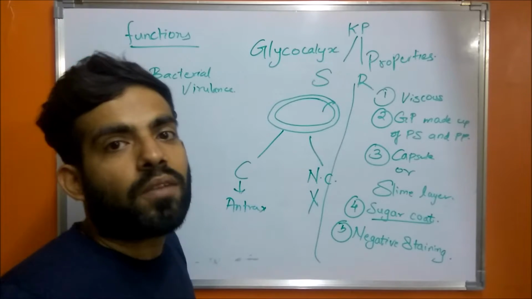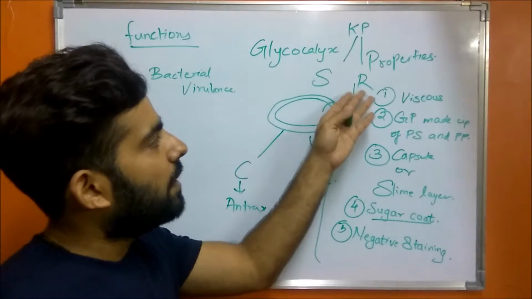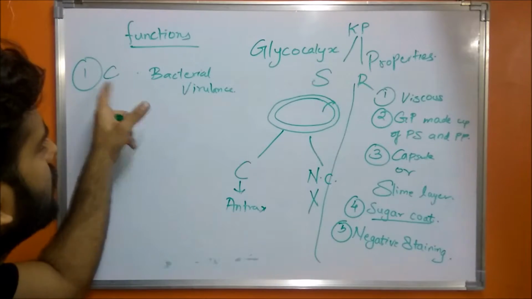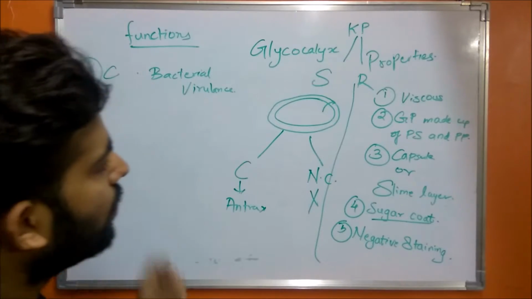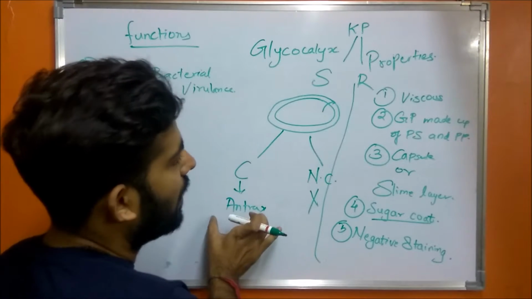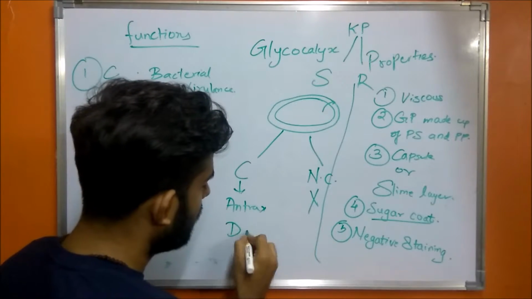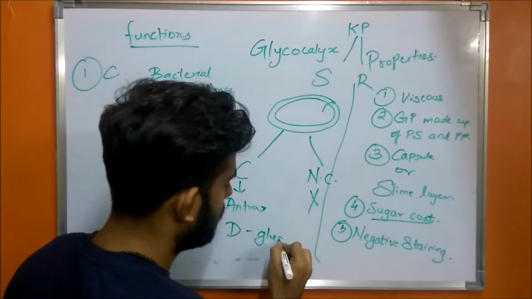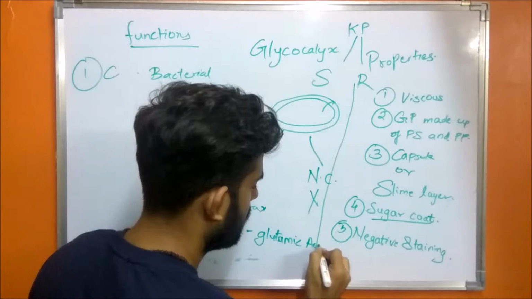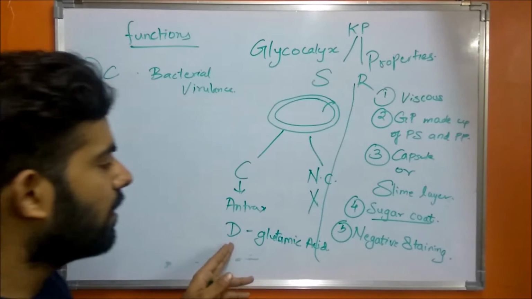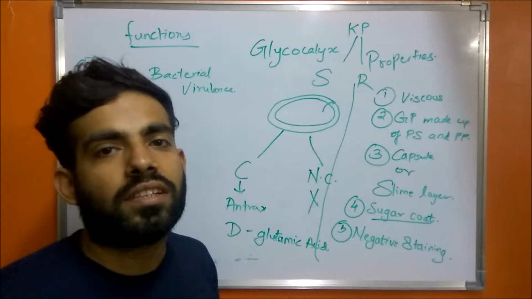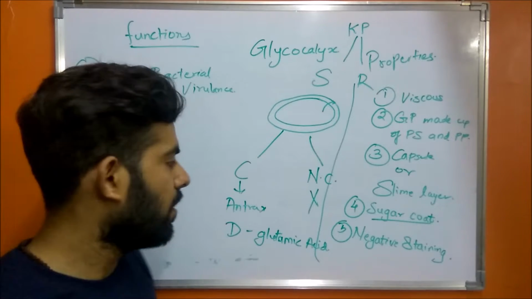Okay, so this was about bacterial virulence. Also, the capsule of Bacillus anthracis is made up of D-glutamic acid, a type of D-amino acid which is very unusual.